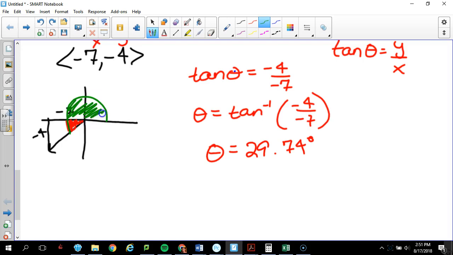So I need all of this, the green plus the red. So that means I'm going to add 180. Once I add 180 to that, I get my theta is equal to 209.74 degrees, which again seems reasonable because here's 180 degrees and here's 270 degrees. So it's greater than 180 and less than 270. You're right where you should be.